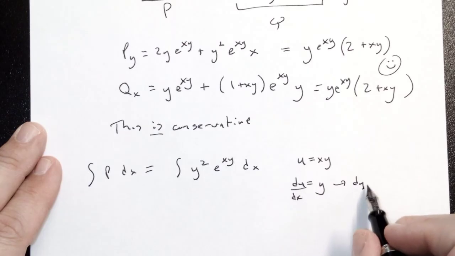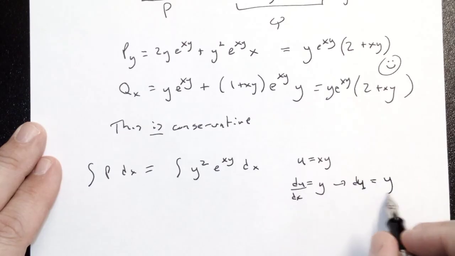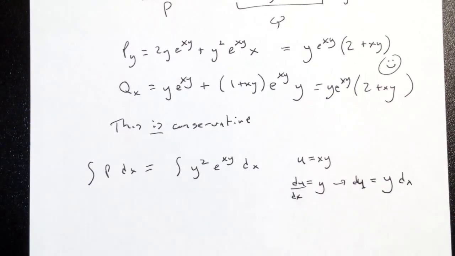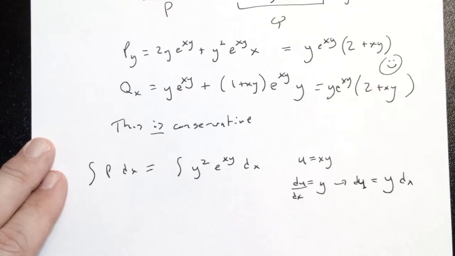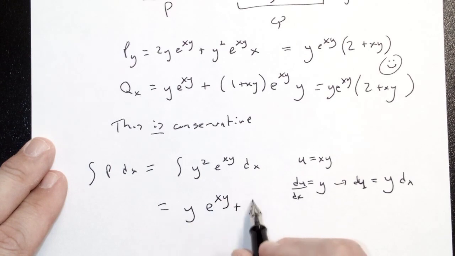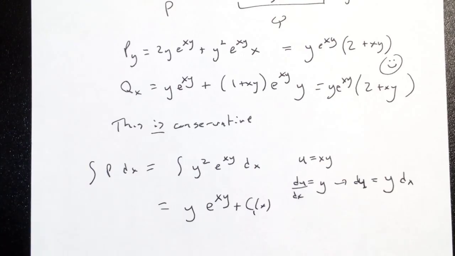So du is y dx. That means one of the y's gets sucked up when I do the integral. I would have had to divide that y out, which is why I have one y instead of two.